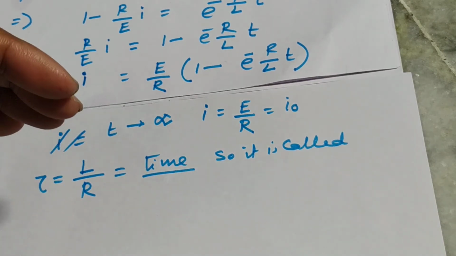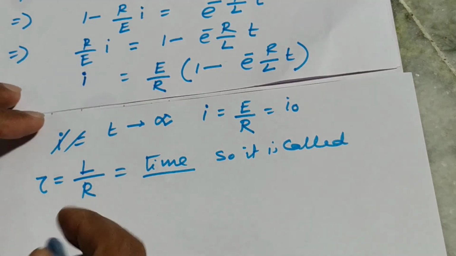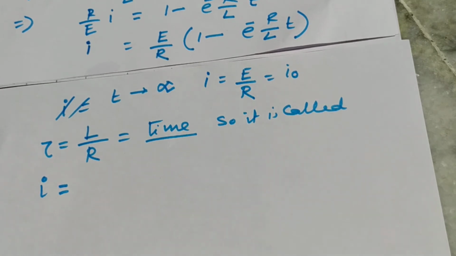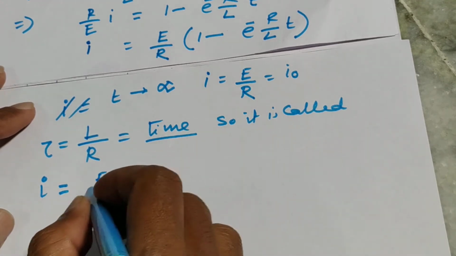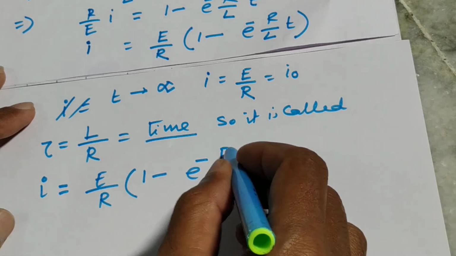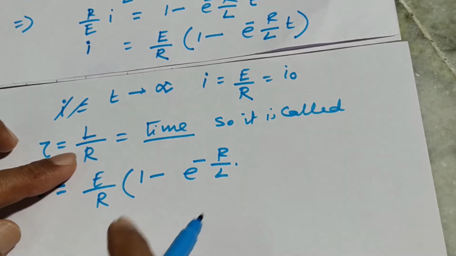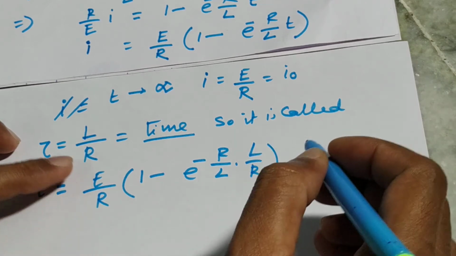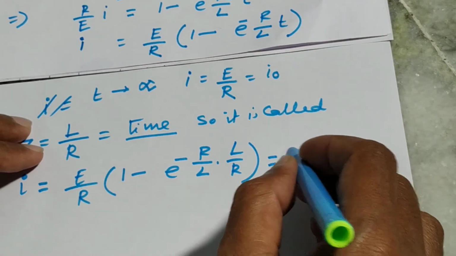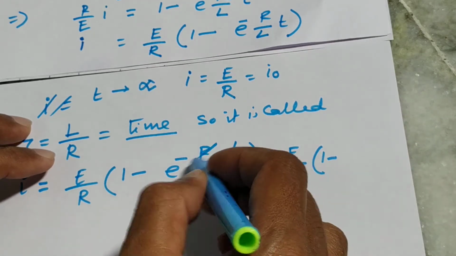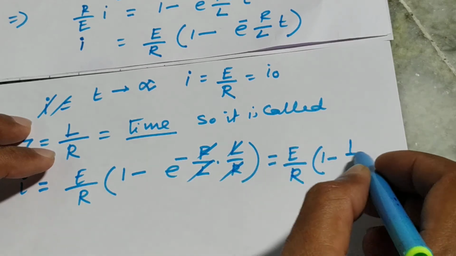If we substitute the value of tau in that equation, what will be the value of the current in the circuit at one time constant? So let's see, I equals E by R into 1 minus exponential minus R by L into tau, and tau is equal to L by R. So L by R cancels, and this is equal to E by R into 1 minus exponential minus 1, so 1 by e.